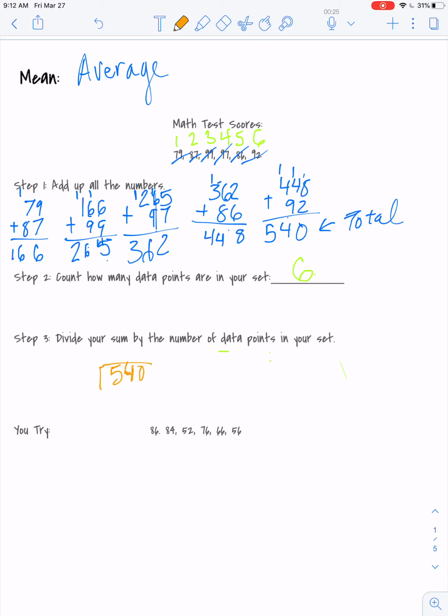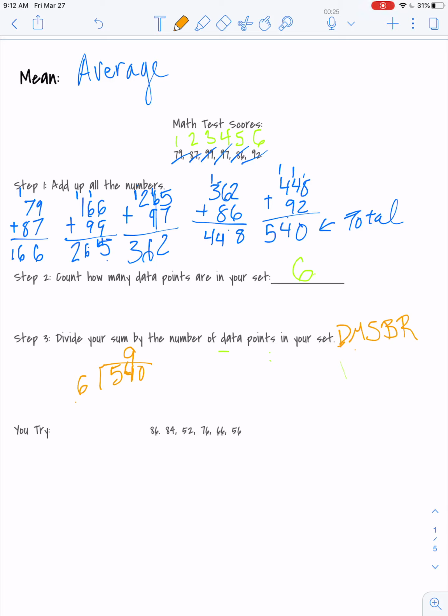divided by 6. And remember, when we do long division, our steps are dad, mother, sister, brother, Rover. So we first divide. How many times does 6 go into 54? So 6 goes into 54 9 times.